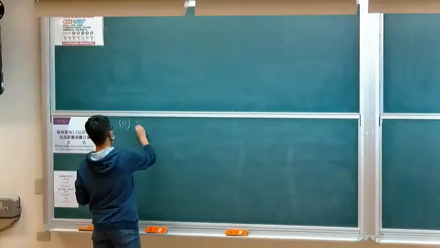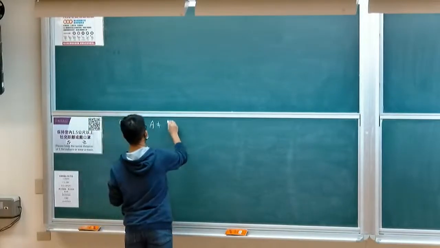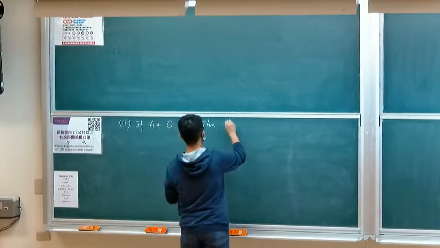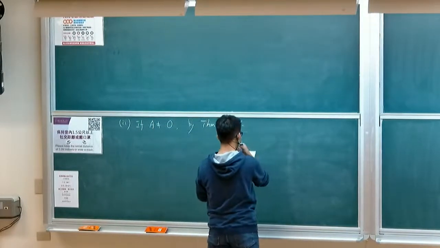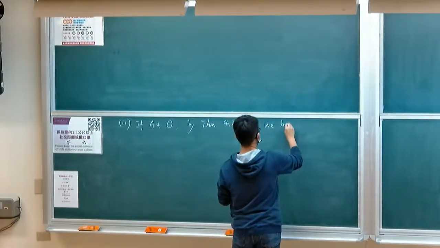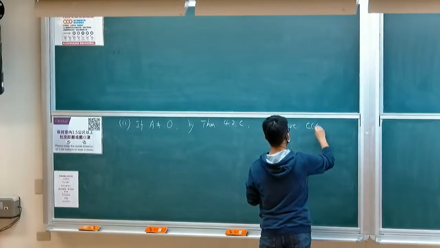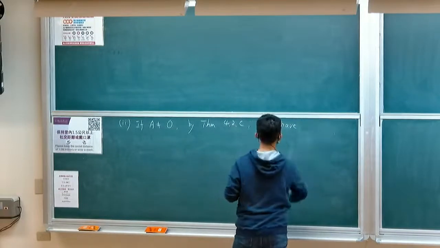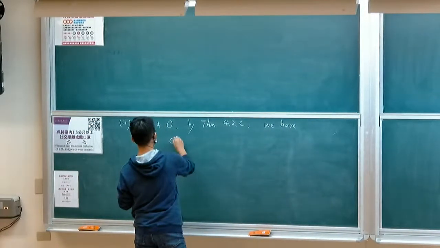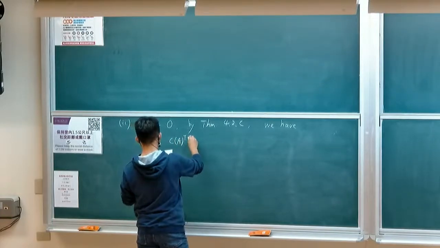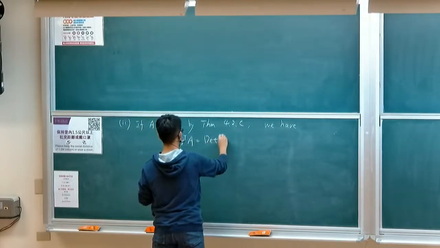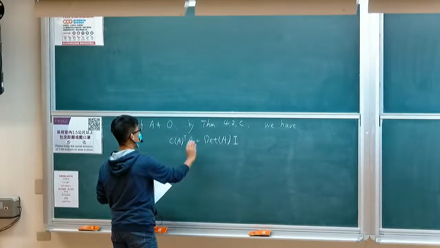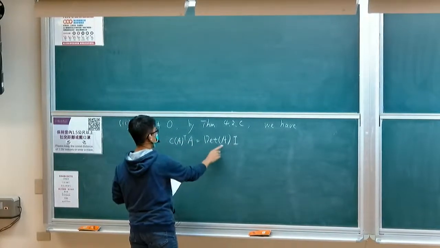For the second case, if A is not equal to a zero matrix, then by theorem 4.2.c in the textbook, we have, since we assume that A is not invertible, so determinant of A is zero.